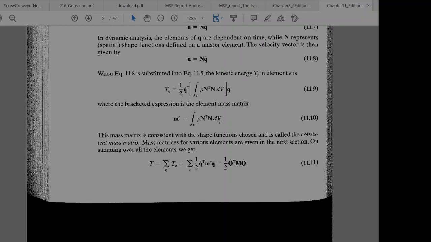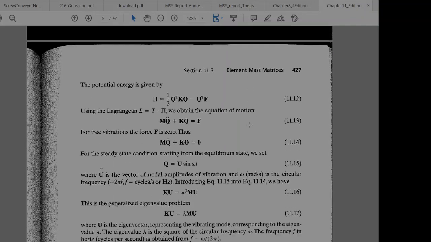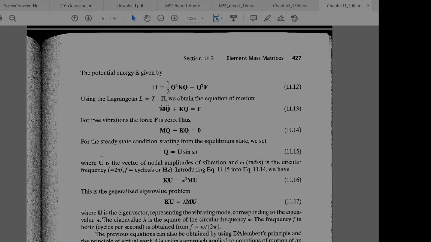It's also related to the global and local degrees of freedom, and it gets assembled the same way. So we get the assembled global system M Q double dot plus K Q.